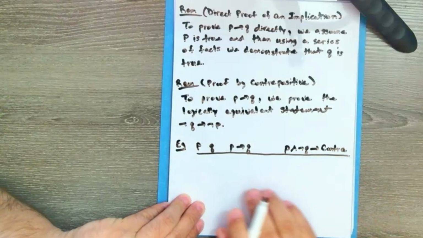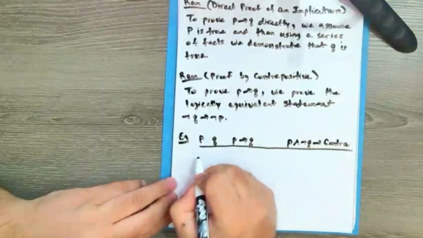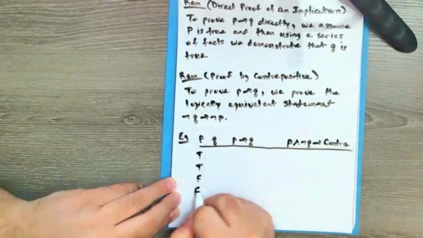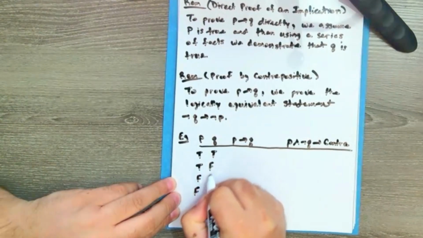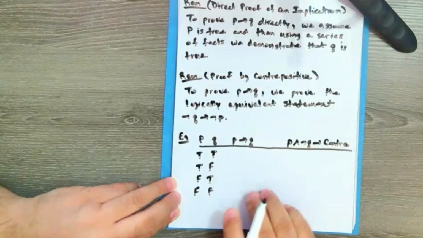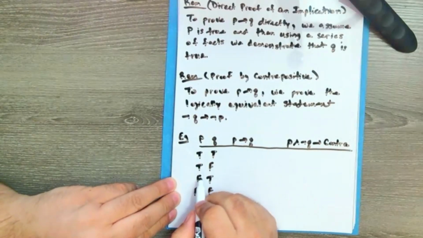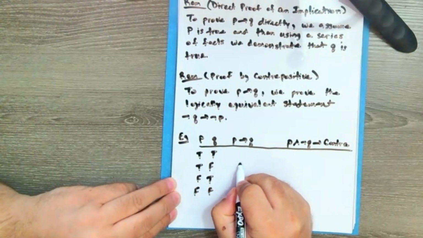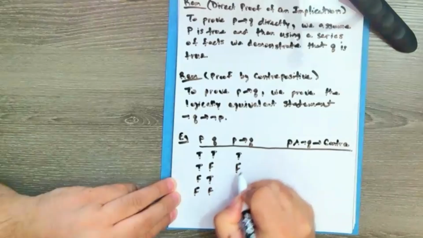So let's build a truth table. As we know, the implication P implies Q is false when P is true and Q is false and is true otherwise.